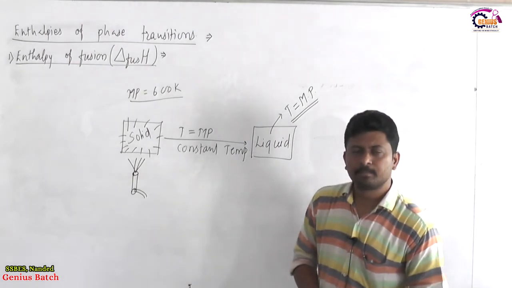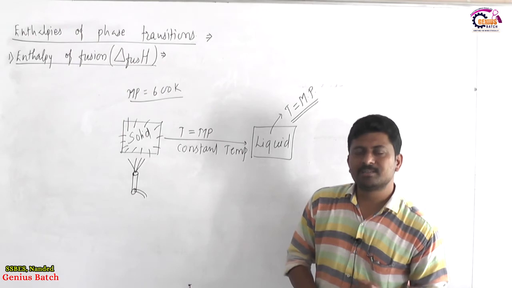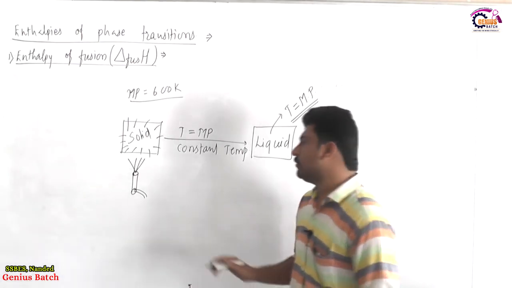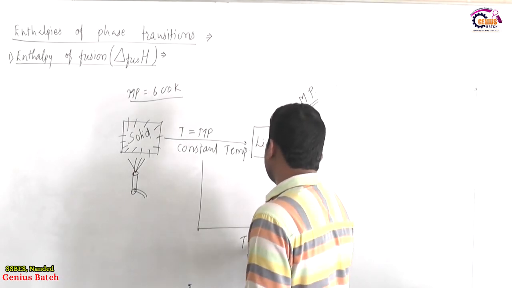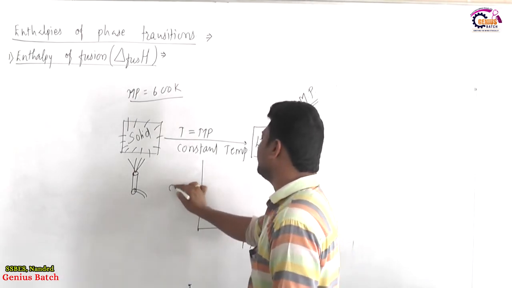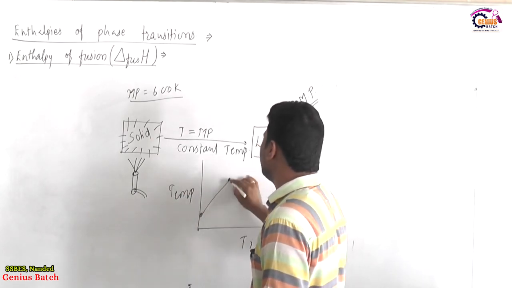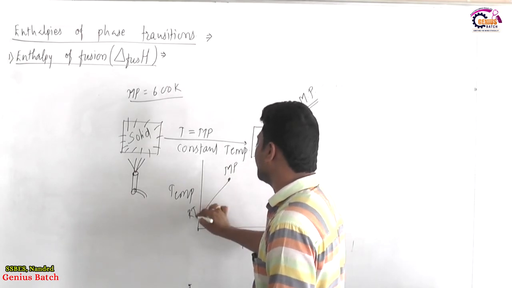Got it? The temperature of a solid material increased from room temperature to its melting point. Throughout the course, the temperature with the time has increased, but the temperature increased up to the melting point only. This is the melting point, this one is the room temperature.